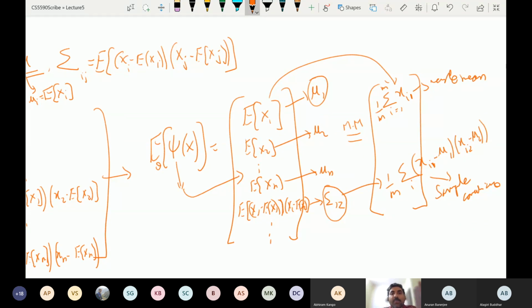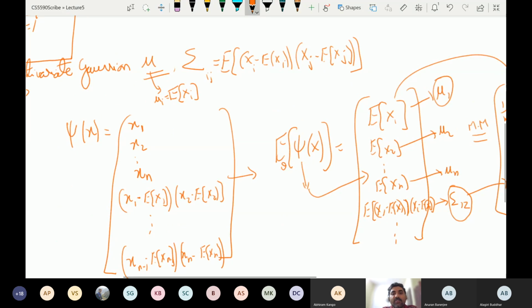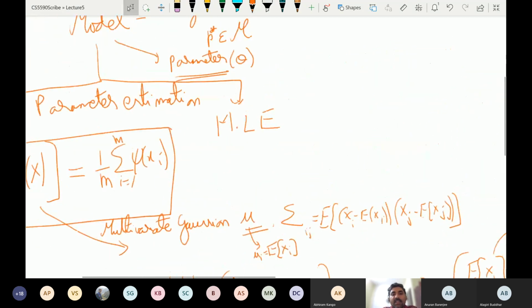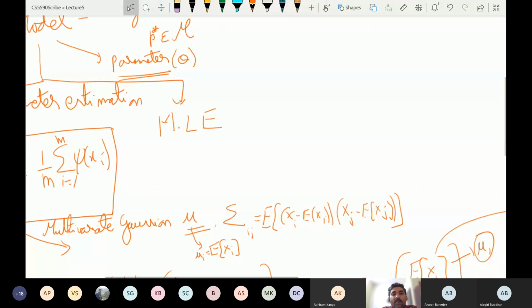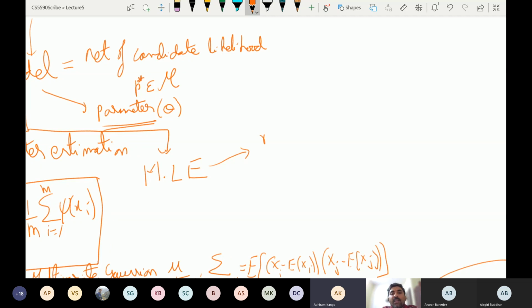So this is the first method, which is called method of moments. And the second method is what we called maximum likelihood estimation. There the idea is you use the loss function as the KL divergence, which then leads to the following optimization problem. I'll try to get that.